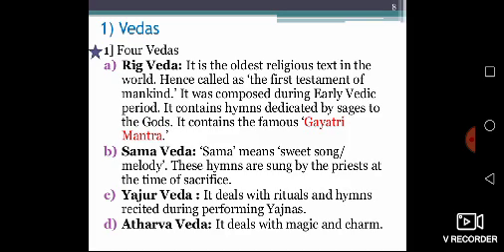It was the first official knowledge that human beings received from God. If you ask which is the oldest religious text in the world, it is Rig Veda, and it was composed during the early Vedic period.